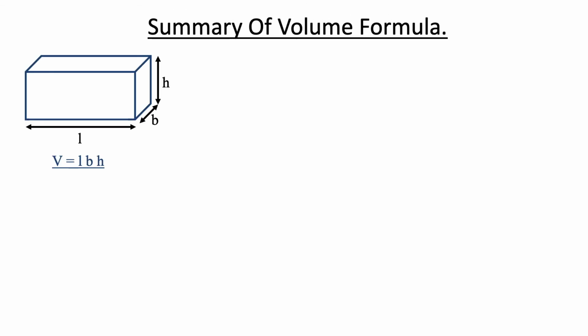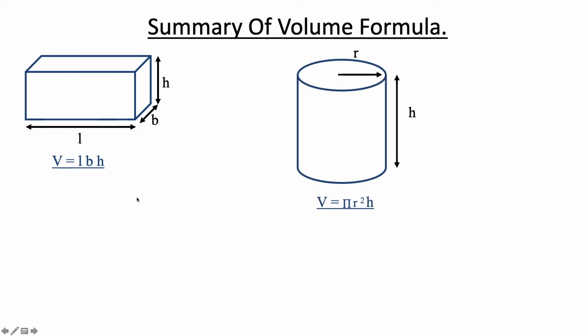So in summary, we have calculated the volume of a cuboid given by that formula: length, base, and height. For the cylinder, pi radius squared height, as we've just seen now.